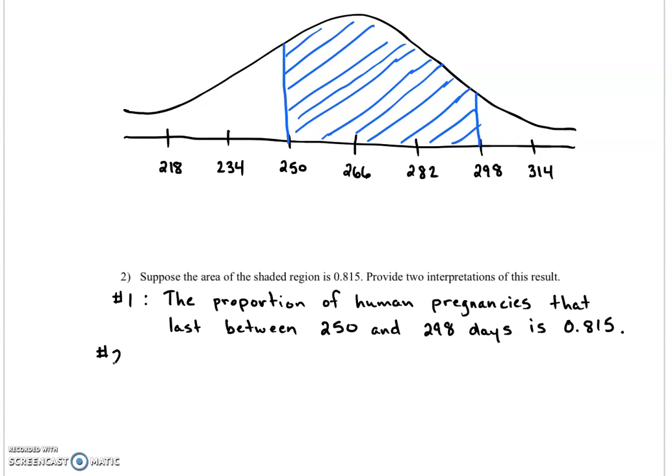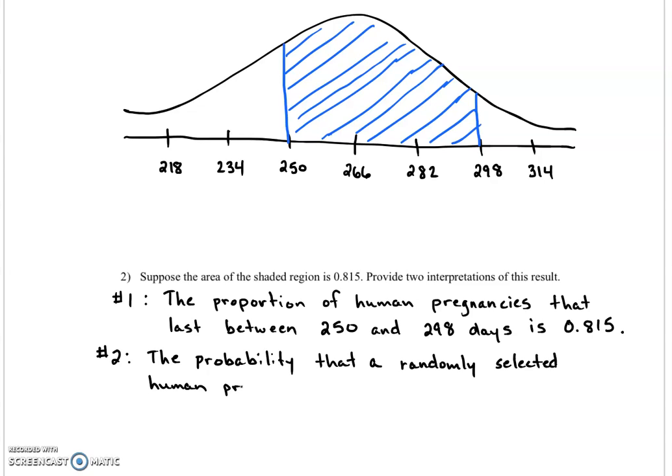Our second interpretation is the probability that a randomly selected human pregnancy lasts between 250 and 298 days is 0.815.